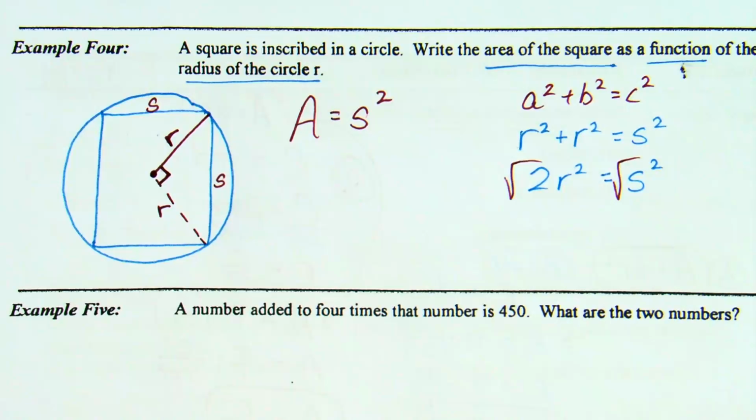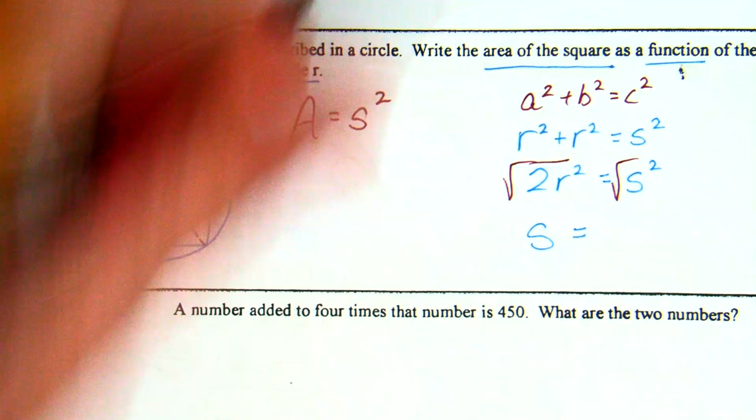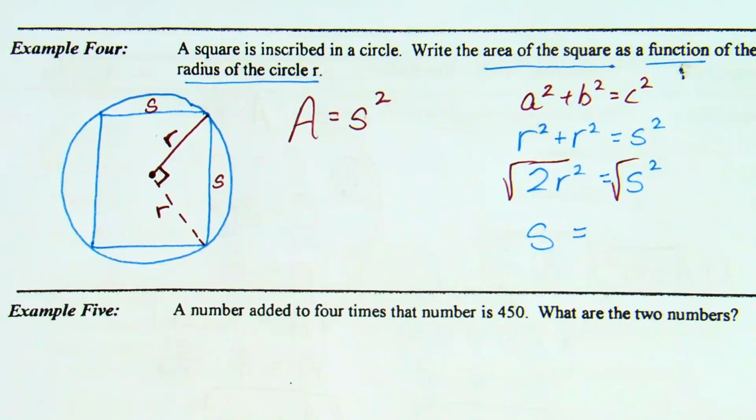Square root of S squared is S. What's the square root of 2R squared? The square root of 2 times the square root of R squared, so it's R times the square root of 2. It's multiplying, not adding.